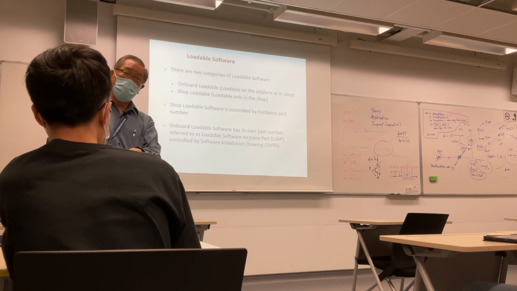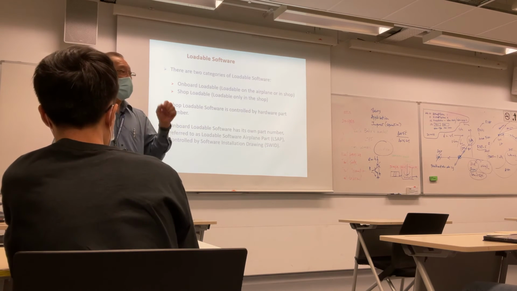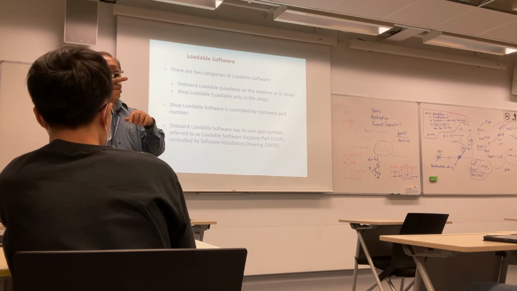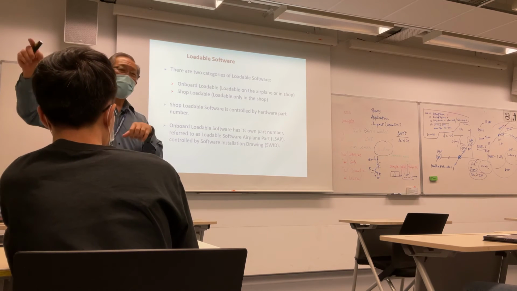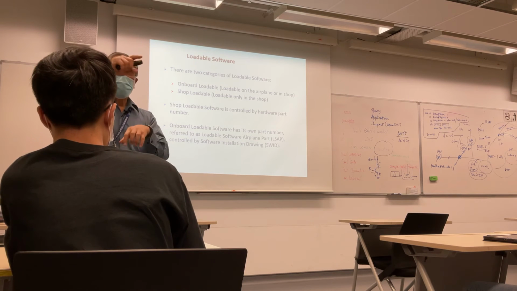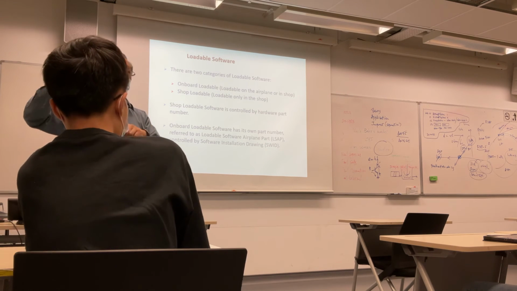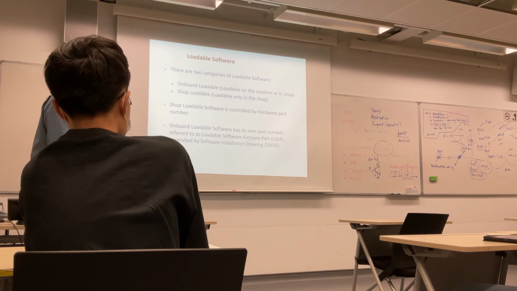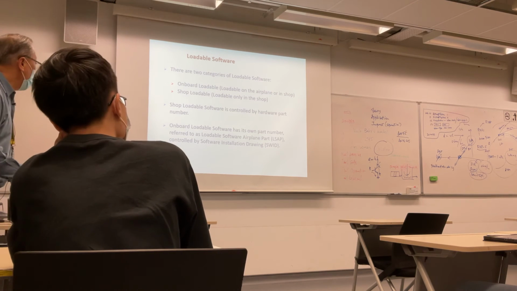The LAE cannot change it. Then the software does not carry a separate part number. The software part number is incorporated into the LRU revision number, like revision 5 or something like that. But if it's loadable, then they have a separate part number. So a very simple control system.